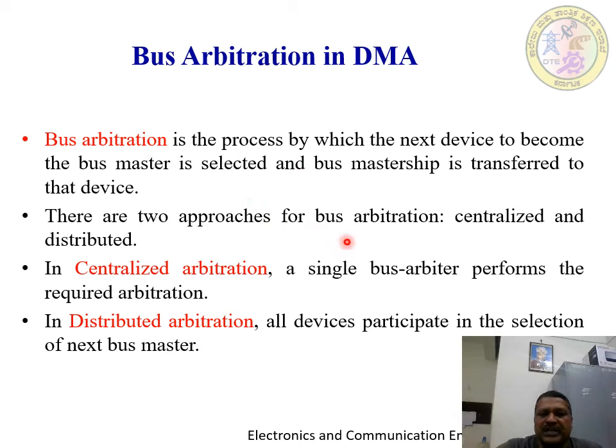There are two approaches for bus arbitration: centralized and distributed. In centralized arbitration, a single bus arbiter performs the required arbitration. In distributed arbitration, all devices participate in the selection of the next master.